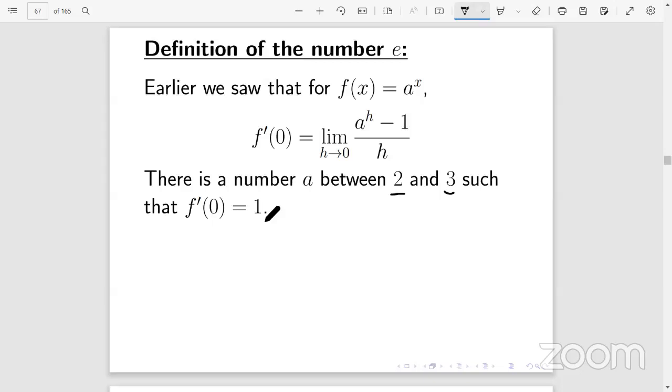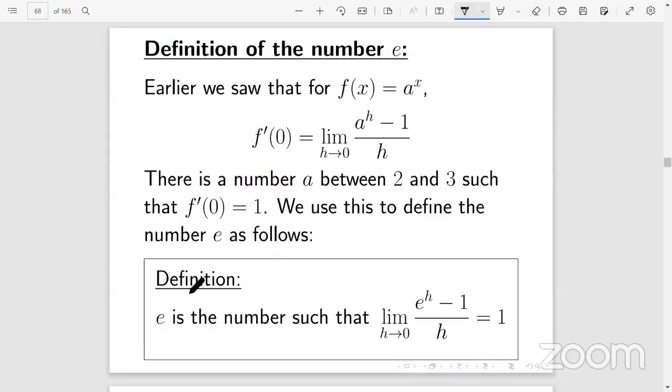For this exponential function, when x is 0, y exists, so there is a tangent on the y-axis whose gradient is 1. This is what f prime at 0 means. We find that actually that number is this number e, the number such that the limit, which is the definition of f prime at 0, equals 1.